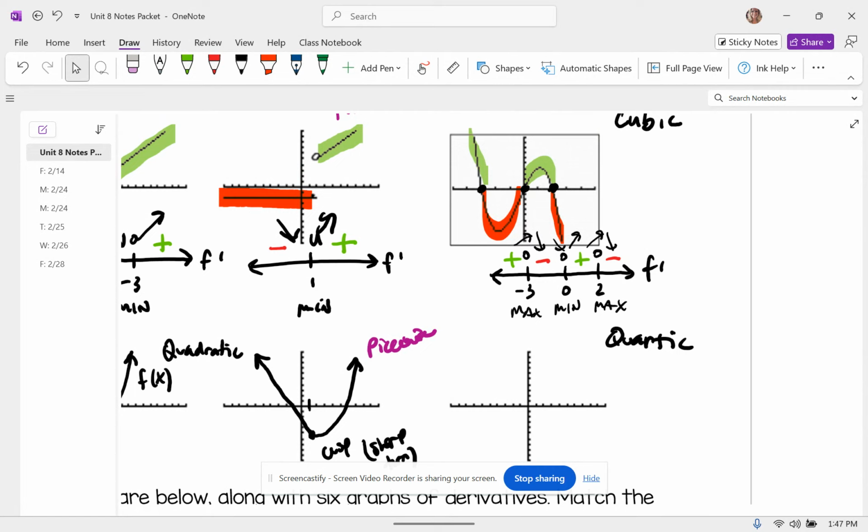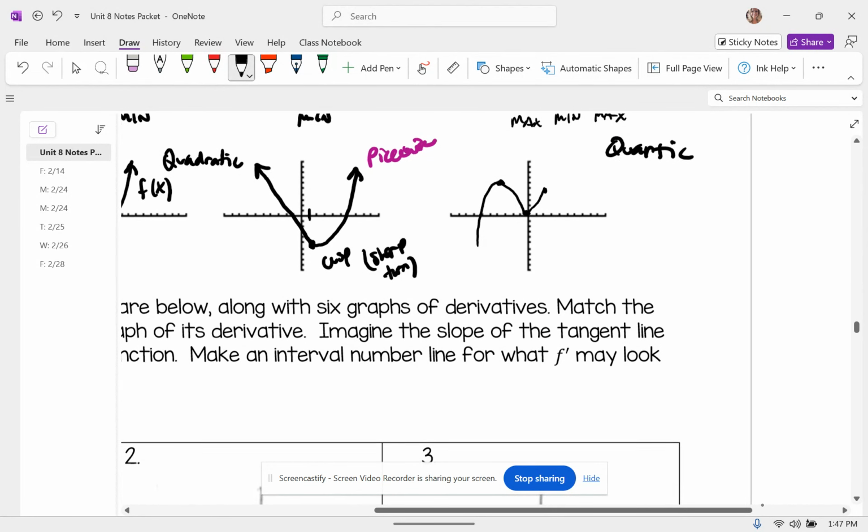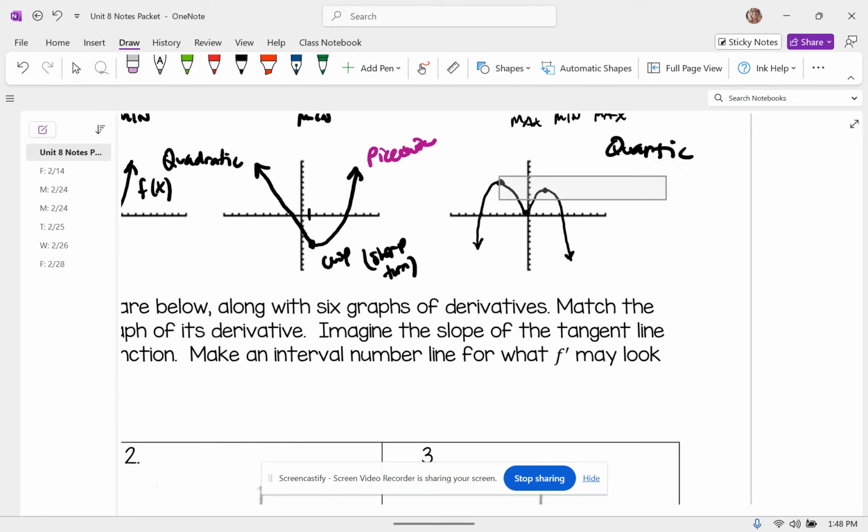No, you just need two highest points and one in the middle. And then we are increasing, decreasing, increasing, decreasing. I hope yours is a little more curvy than mine. They're not supposed to be pointy like that. Here, this is better.